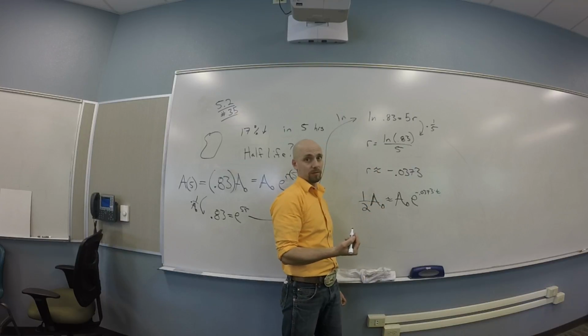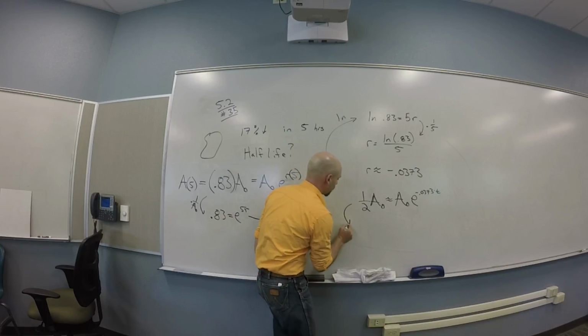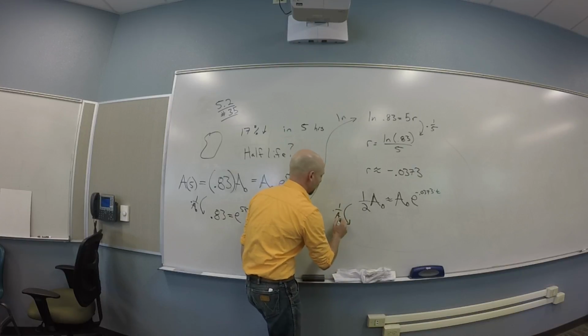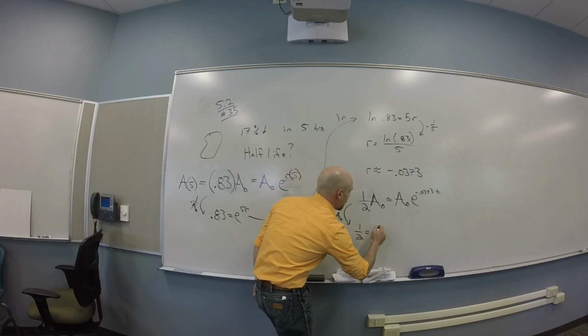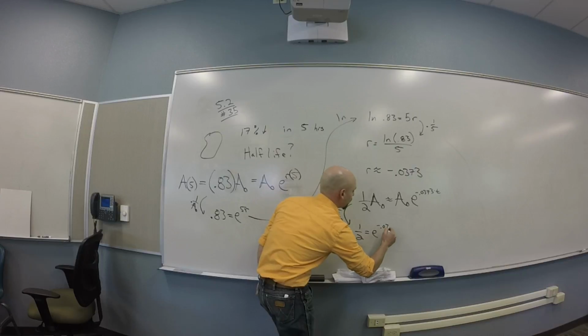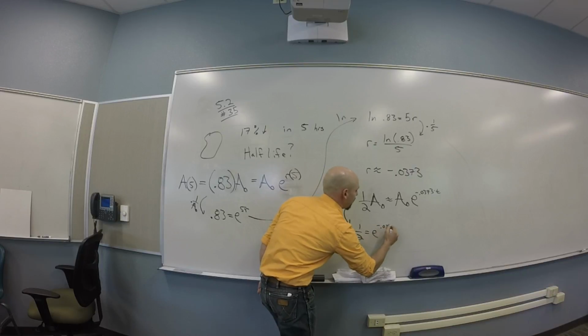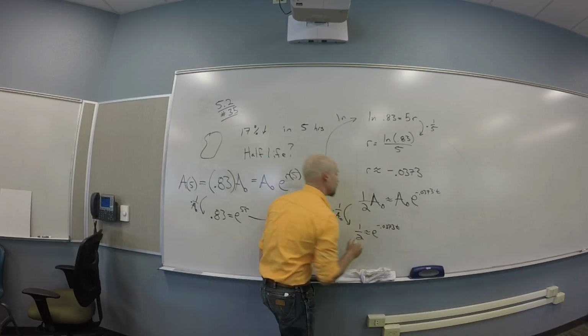So what do you do first? Multiply by 1 over A0. So you get 1/2 is e to the minus 0.0373 t. And really, I'm still doing approximations here.